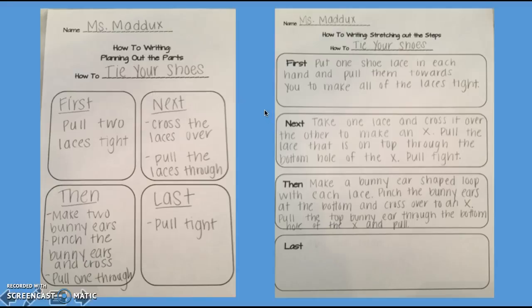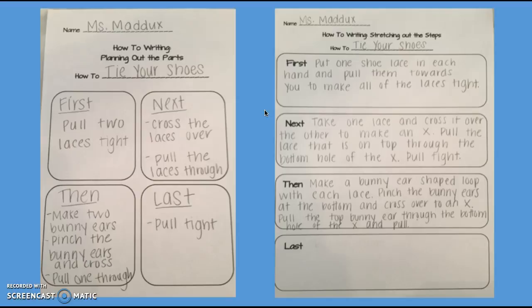To stretch that out, we can say take one lace and cross it over the other to make an X. That helps our reader get that visual that it should be in an X shape. Then pull the lace that is on top through the bottom hole of the X. So they'll know to flip it over through the bottom hole, and then pull tight.